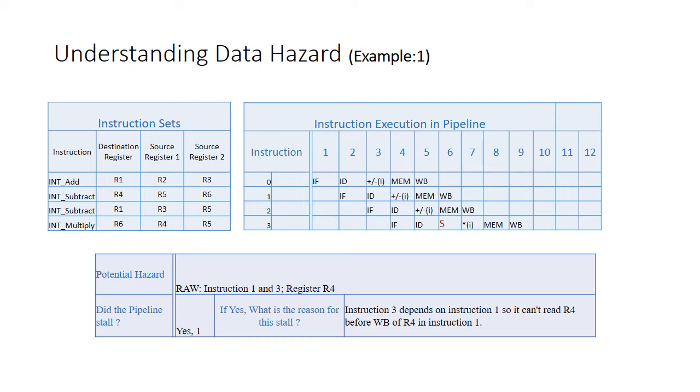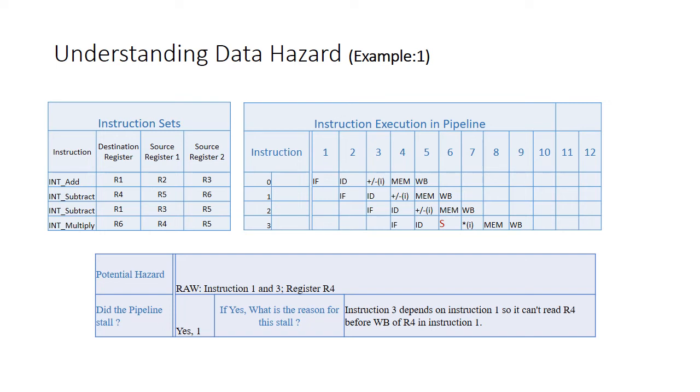The first instruction just executes simply from the IF to WB, instruction fetch to write back, and the second instruction also works simply from instruction fetch to write back, as well as instruction 3, but instruction 4 cannot work simply because it has a delay time.